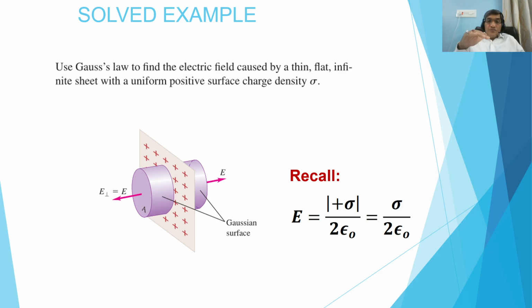It is the thin flat infinite sheet which has a uniform positive surface charge density sigma, which is capable of producing a uniform electric field independent of the distance from that particular surface. So E equal to sigma upon 2 epsilon naught is the right answer. You have to prepare some basic mathematical calculation, and after that you will get the answer. The important point is that the electric field is uniform and independent of the distance.